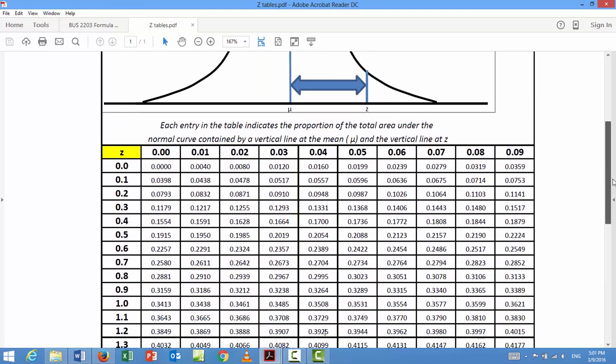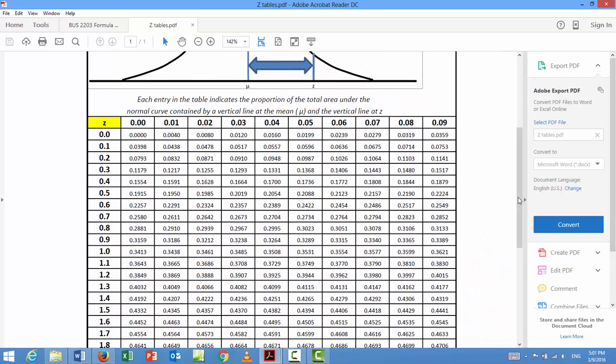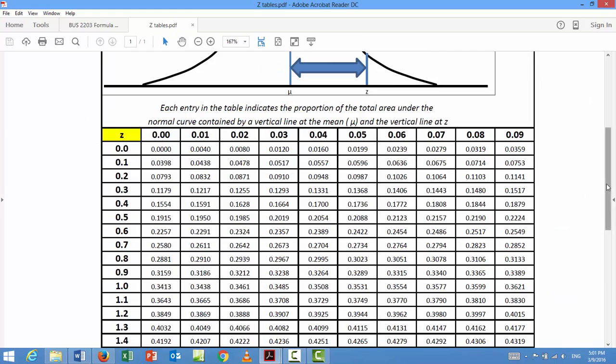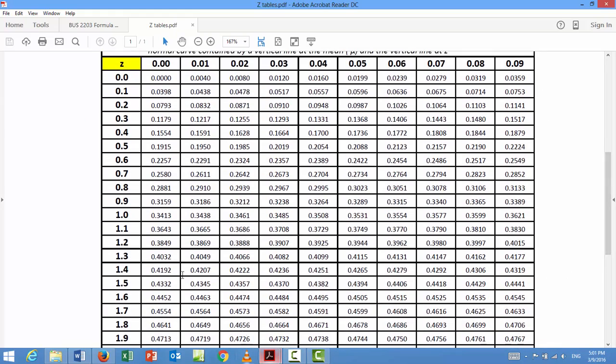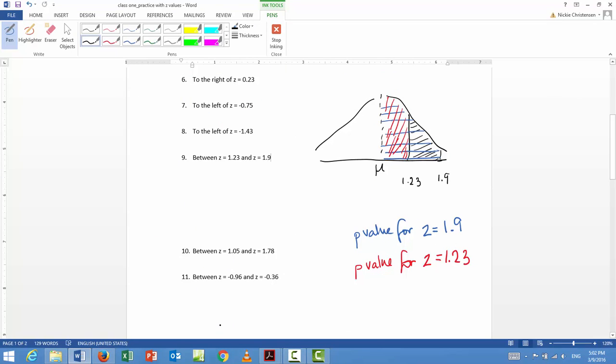Z equals 1.9 has a p-value of 0.4713. So we'll write that here: 0.4713 is the p-value for z equals 1.9.